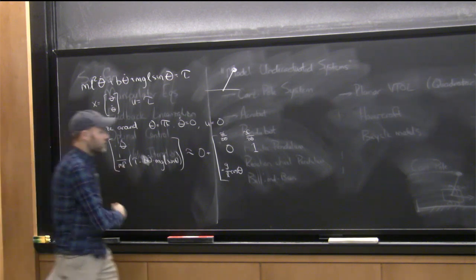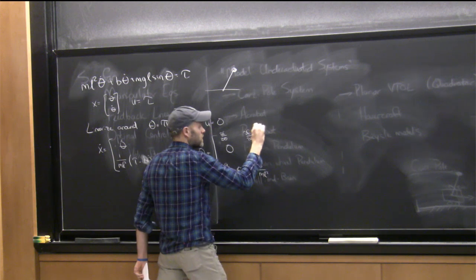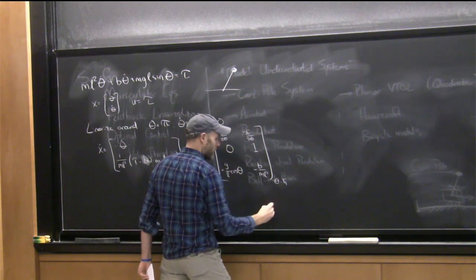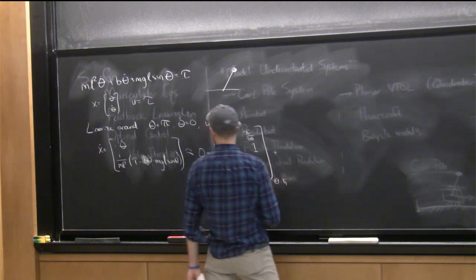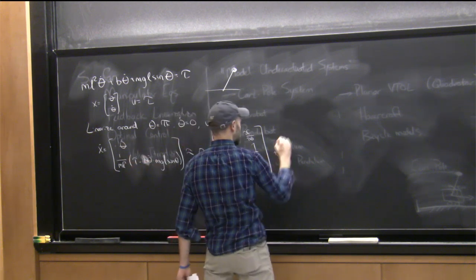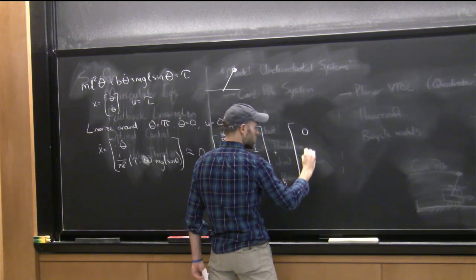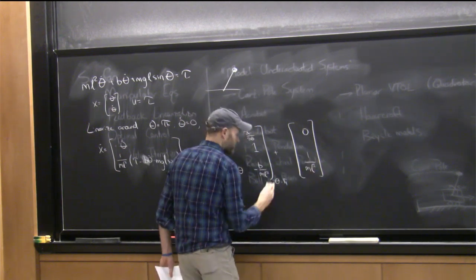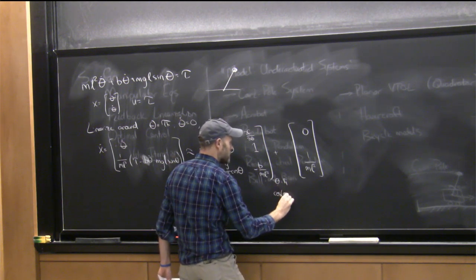And then I get a negative b over ml squared, and I'm going to evaluate that at theta equals pi in just a second. And then what is B here is just 0, 1 over ml squared. Okay, so cosine of pi is negative 1.